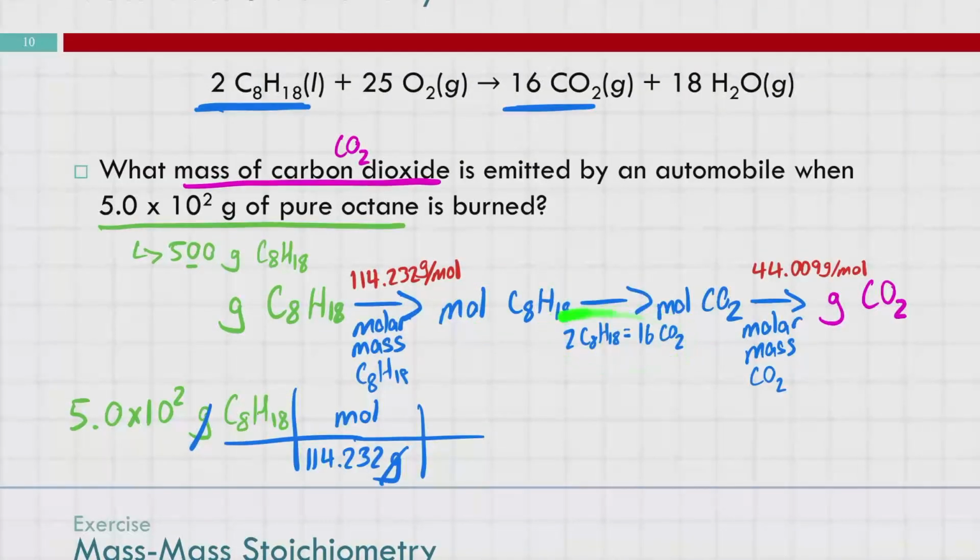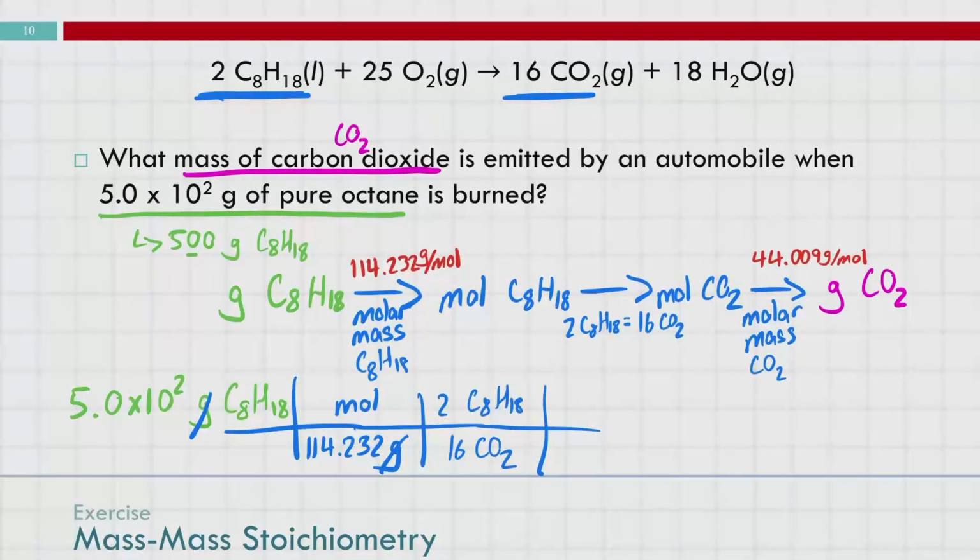Now we have to convert our chemical using our ratio from our balanced chemical equation. Let's say that we don't know which one to put in where. So we write in 2 C8H18 on the top and 16 CO2 on the bottom, and we don't look at it and we just keep going. Then at the end, we have to use our molar mass of CO2.